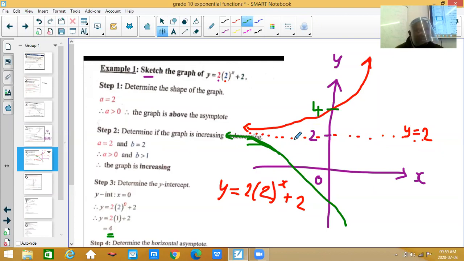Which one? If both are negative, this is what I said. In grade 10, you will not be given this one being negative and this one being negative. But as time goes on, you will be given. But for now, you will need to analyze. If this one is negative and this one is negative, it depends upon the exponent. If this exponent is an odd number, you will maintain this negative, and this negative and this negative will be positive.